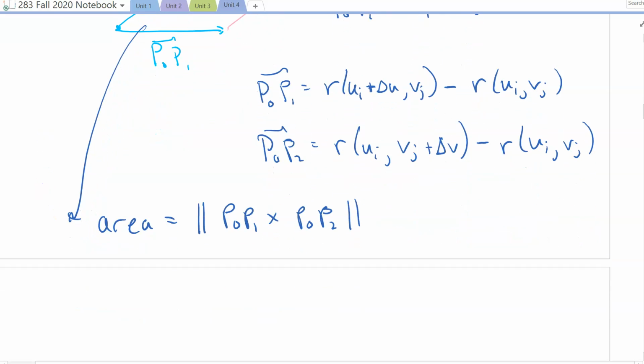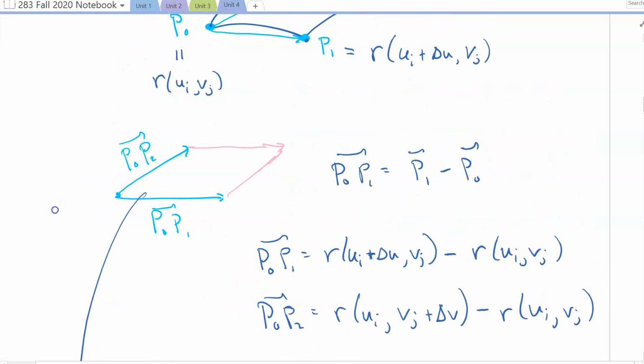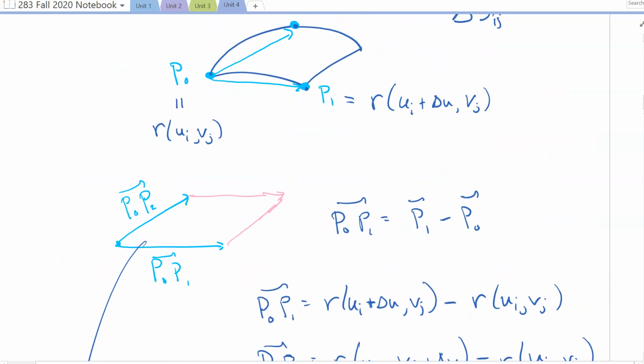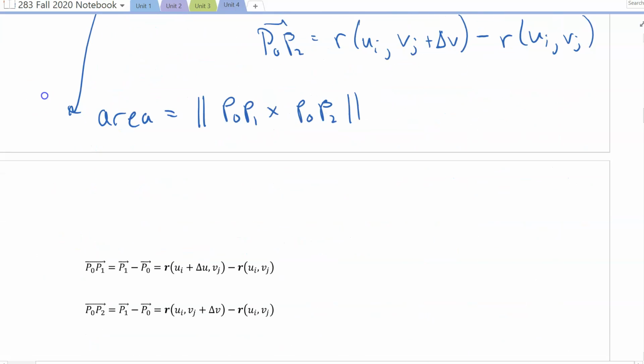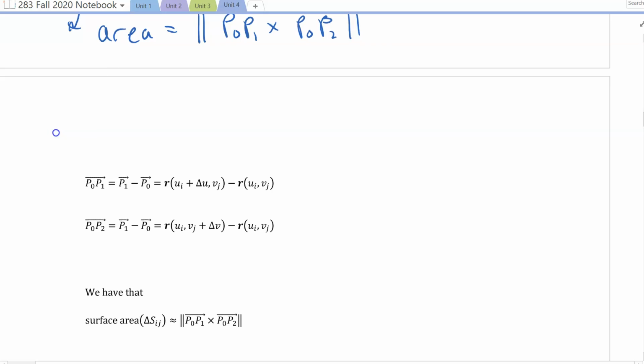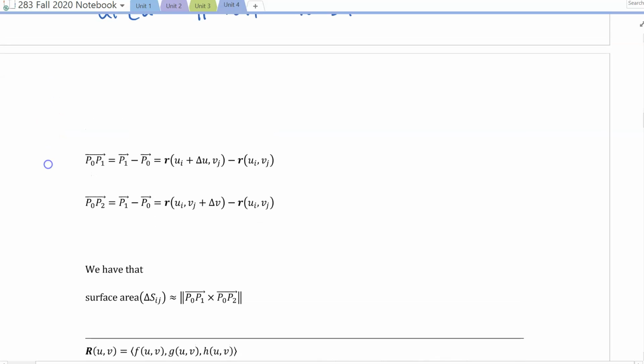Okay, so continuing on, the idea is that if we superimpose the parallelogram in here, the area of that parallelogram will be very close to the area of the curved surface patch. Alright, on the next page I've written down what those vectors are that we had before.